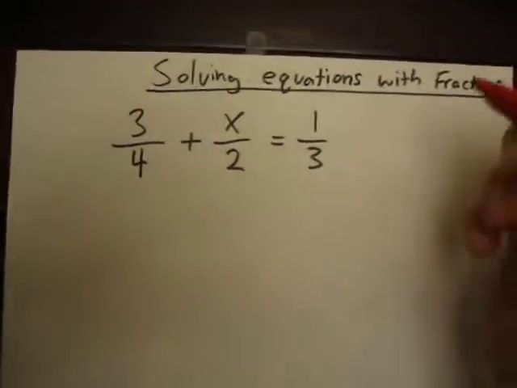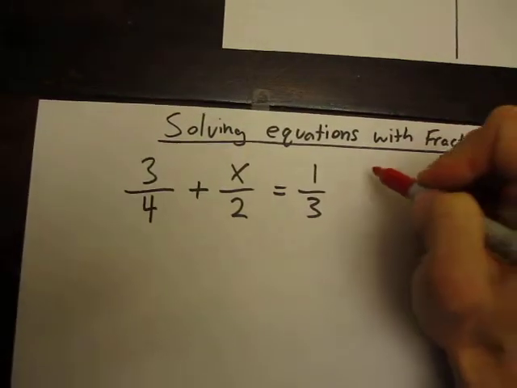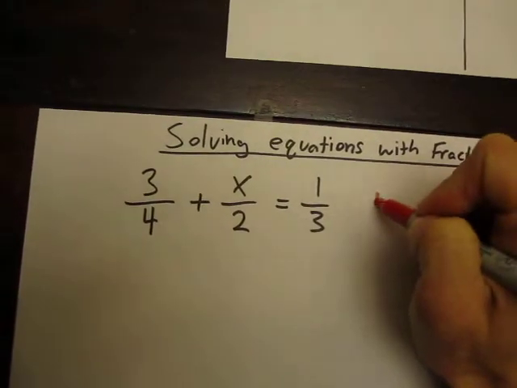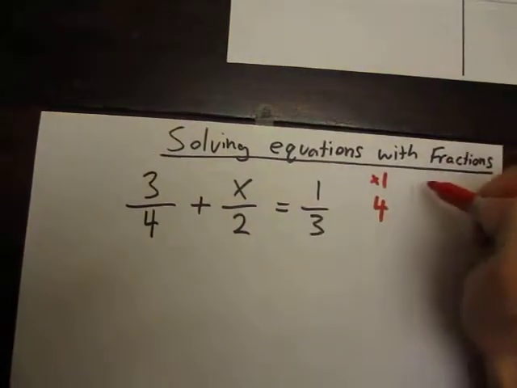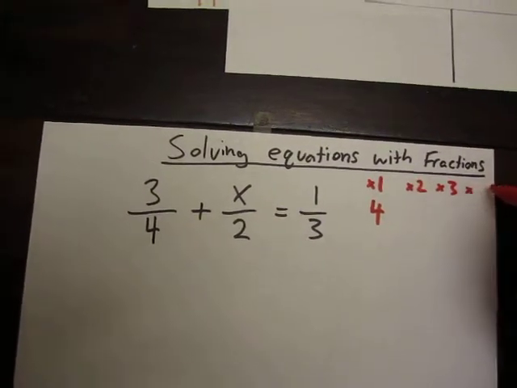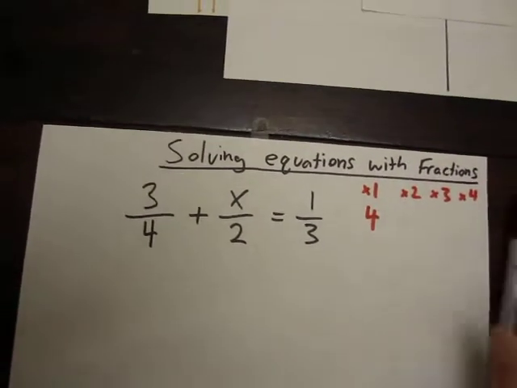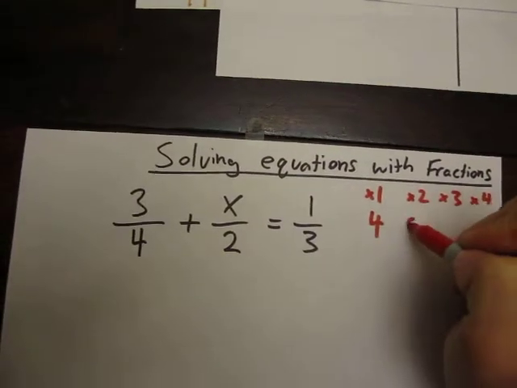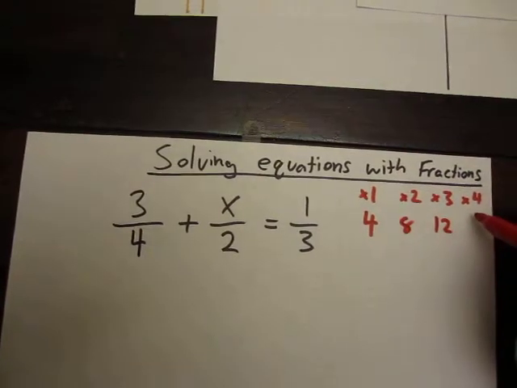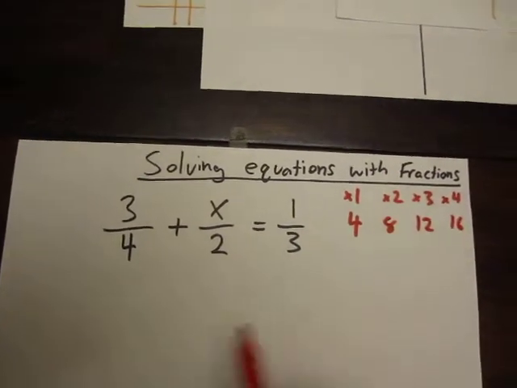If we took 4 and multiplied it, say, times 1, times 2, times 3, times 4, and so on, 4 times 2 is 8, 4 times 3 is 12, 4 times 4 is 16.